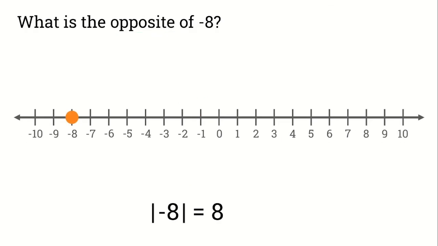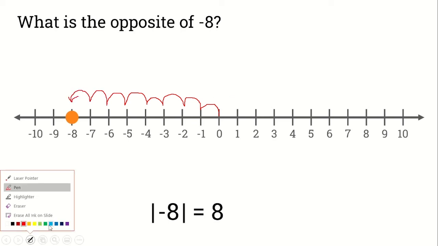Okay, let's try another example. What is now the opposite of negative 8? From 0 going to negative 8, the distance is 1, 2, 3, 4, 5, 6, 7, 8. So that's 8 going to the left.